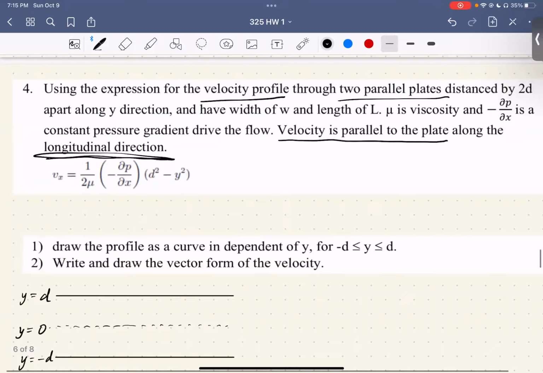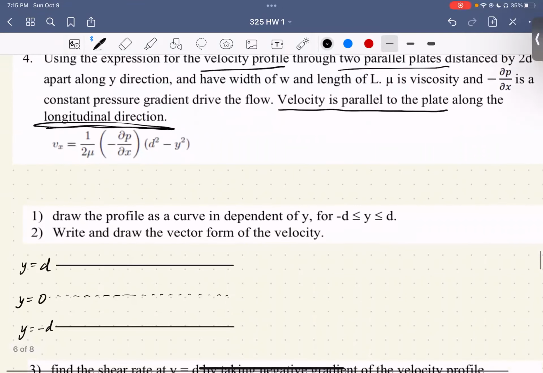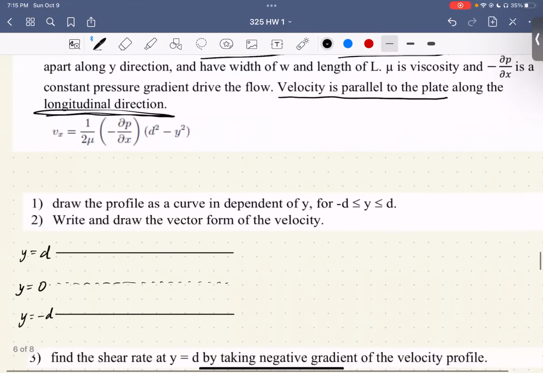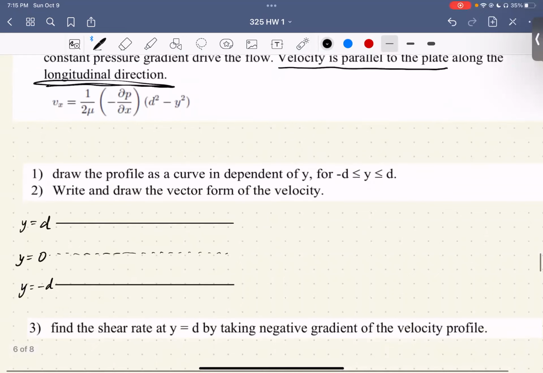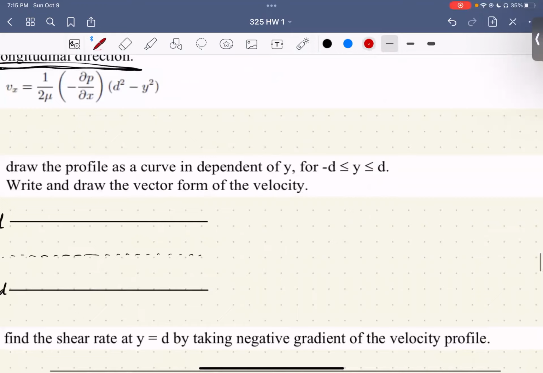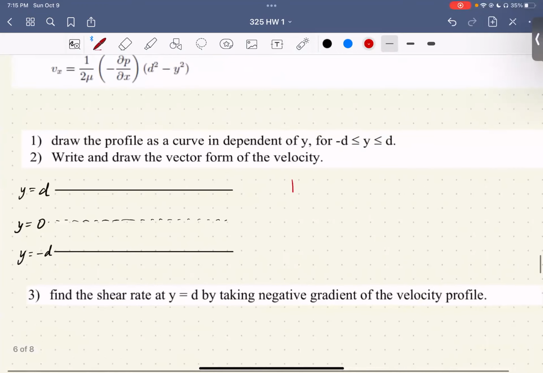So with this, we have to find the velocity profile. An easy way to know this is we know two things. We first know the maximum velocity is always at the center of flow.